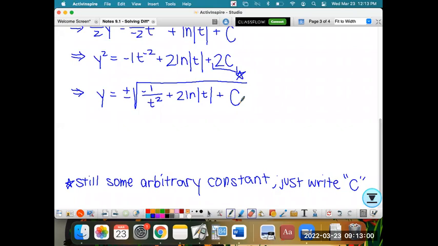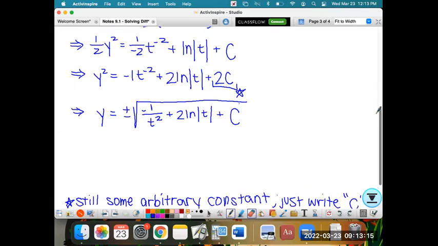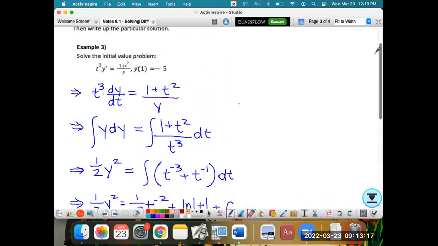When you end up solving for a particular solution, it'll be very clear whether or not you need the plus or if you need the minus for any particular solution that you might have. So I'm going to go ahead and write my initial condition off to the side and then write the general solution down underneath it.